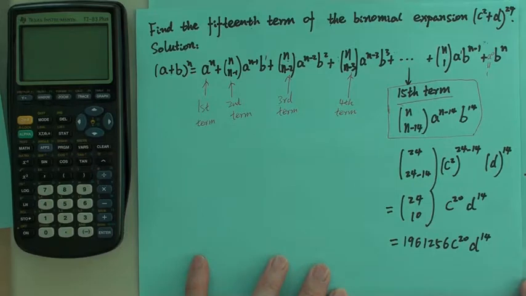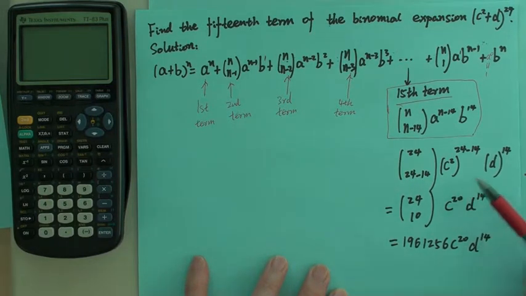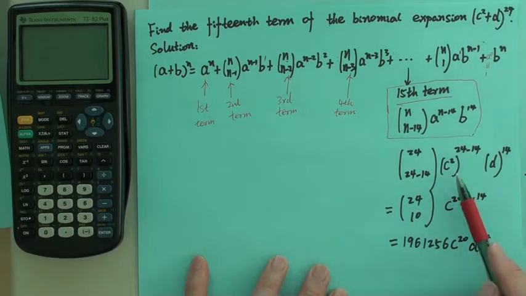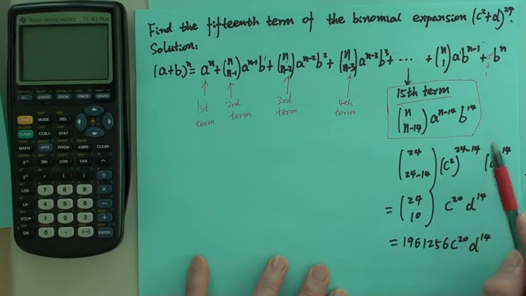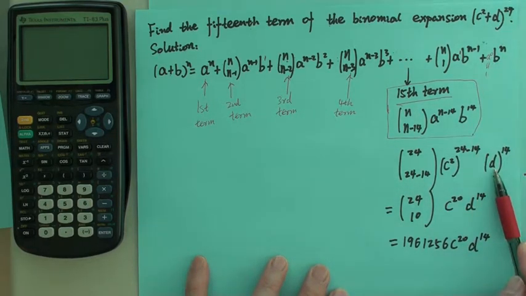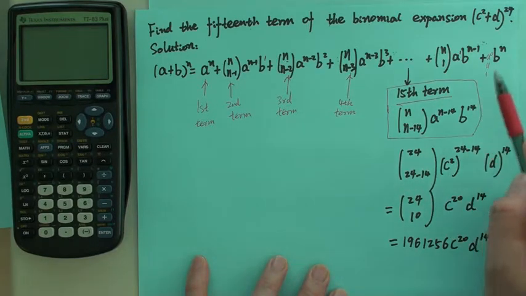You see the pattern. Now, what is our a? A is actually c squared, so you replace this a with c squared. What is our b? B is d in this case. And what is our n?